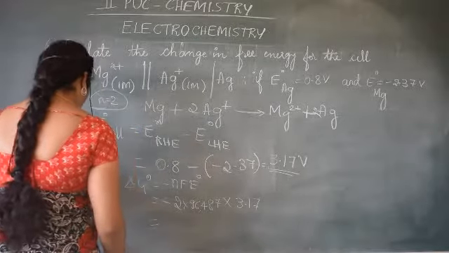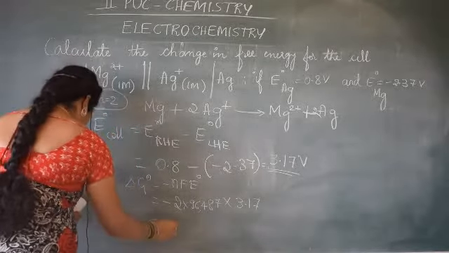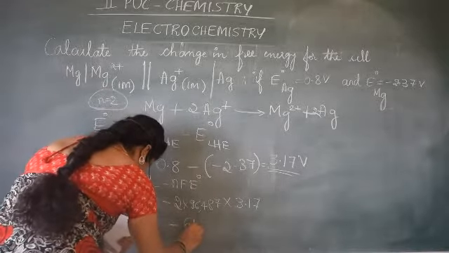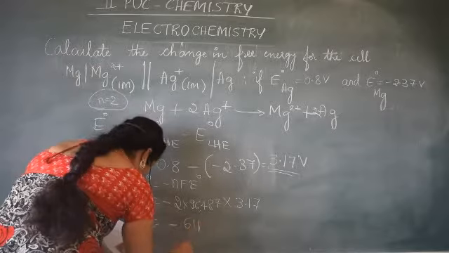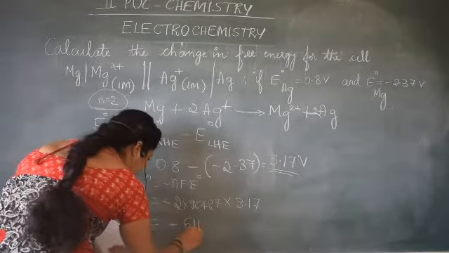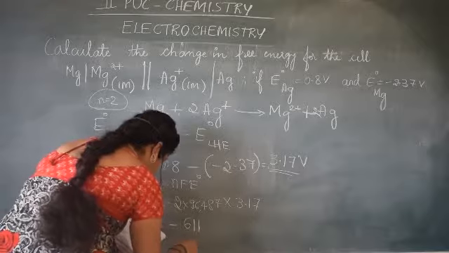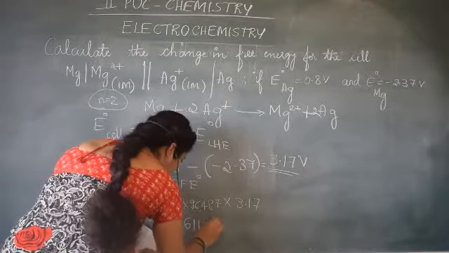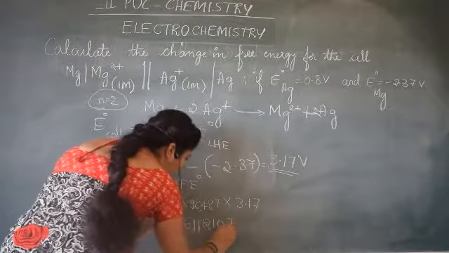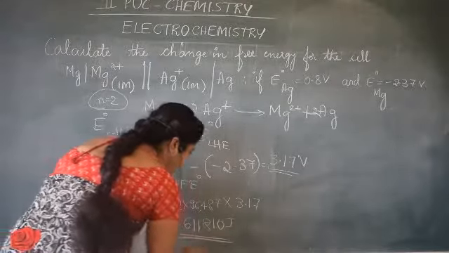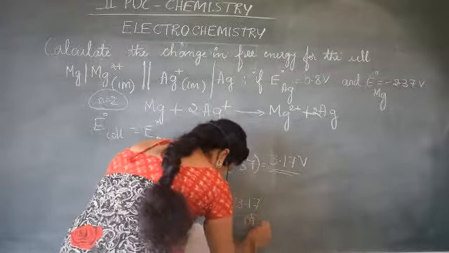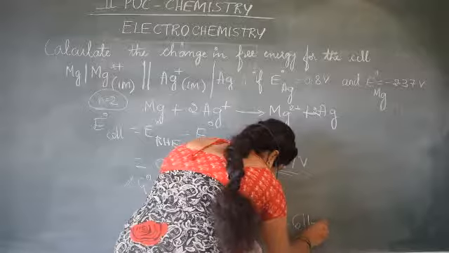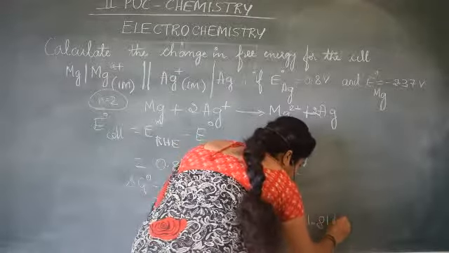Here the delta G naught value comes out to be around minus 611,810 joule, or you can write this as minus 611.81 kilojoule.